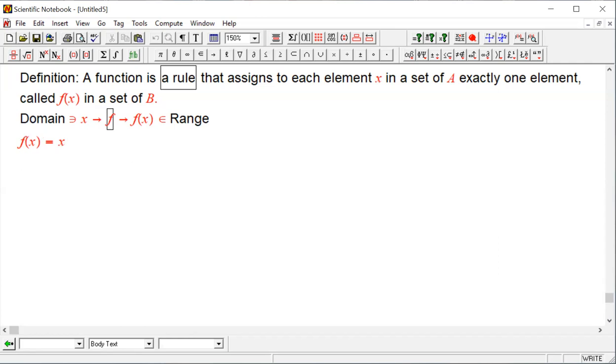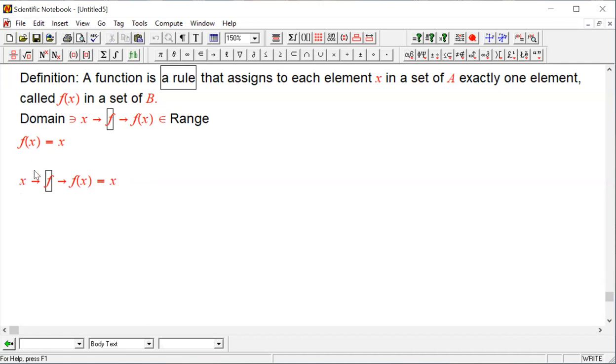What does it do? For any input, it produces exactly one output. Under this rule, the output is going to be exactly the same as the input. Input x, output is x.